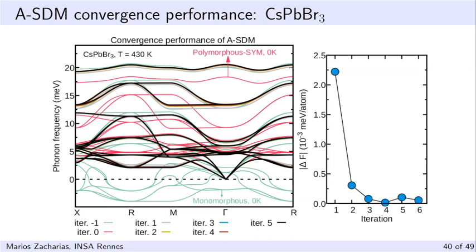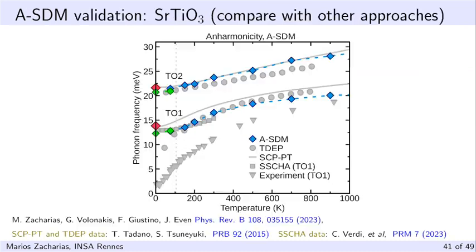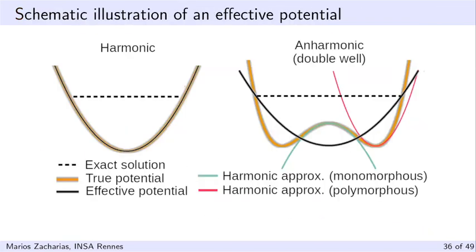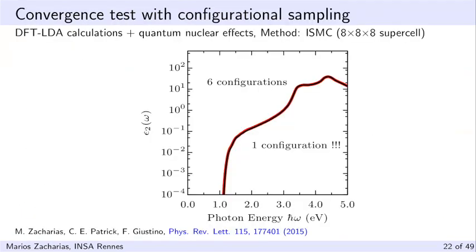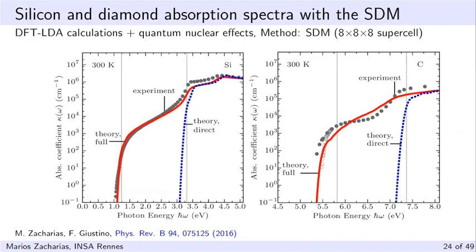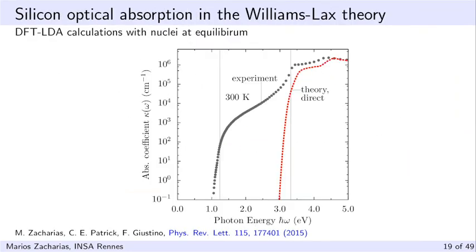And maybe could you go to the slide, I think around slide 20, where you show the comparison using several configurations and then only one. Yeah, a bit later, I think. Oh yeah, here. So here the red line is one configuration and the blue dashed line is just keeping the atoms at their equilibrium position.